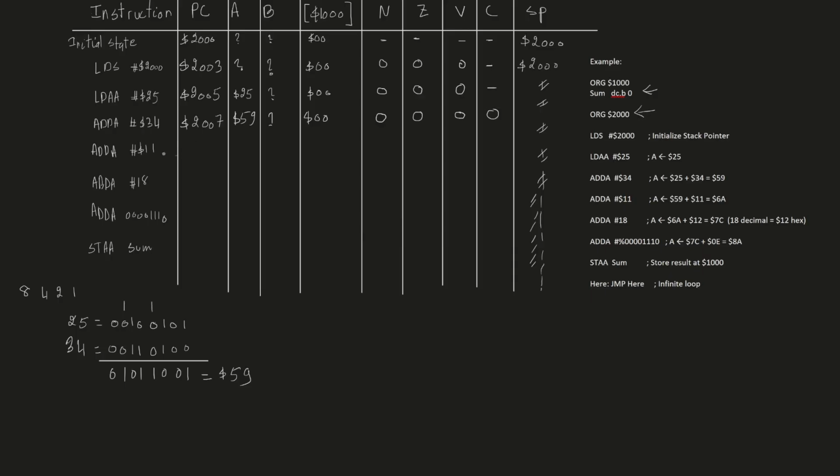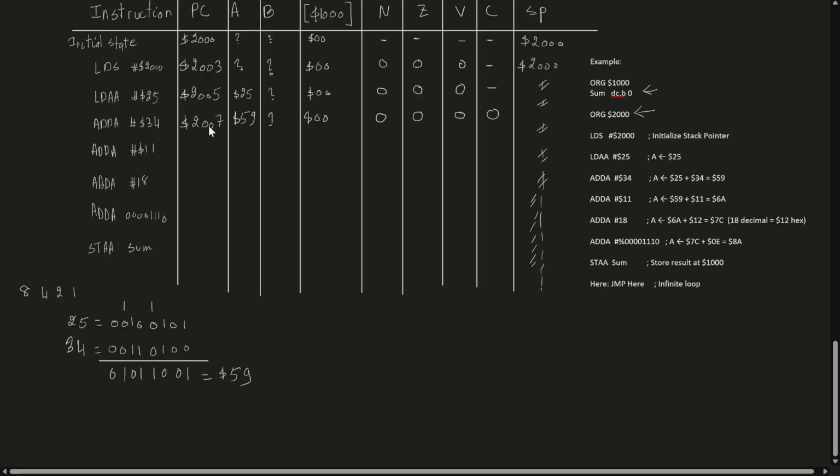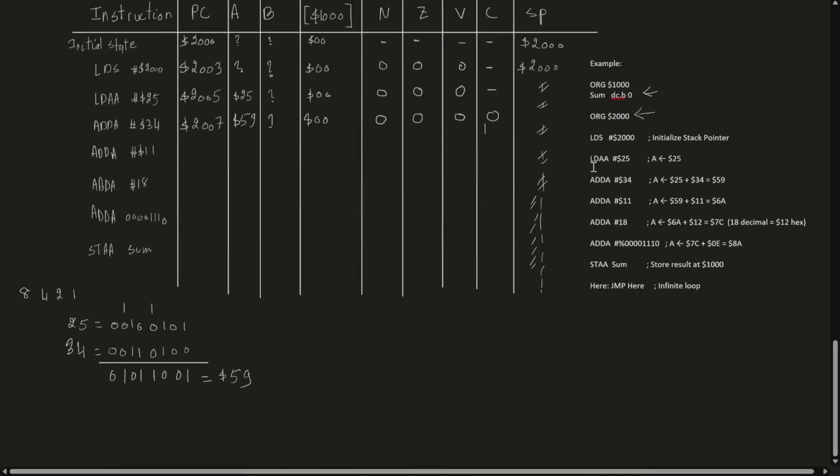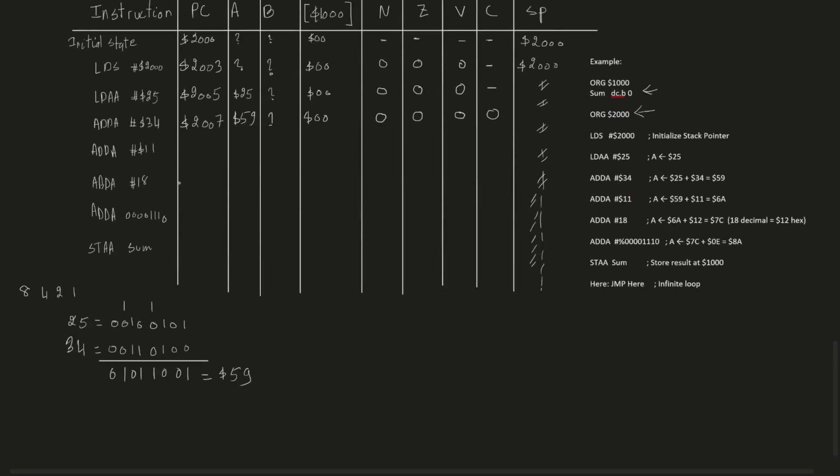So let's move to the next instruction, add 11 to accumulator A. So first, the program counter will be pointing to the next instruction. So after 2007, we have 2009. So this will be here 2009.